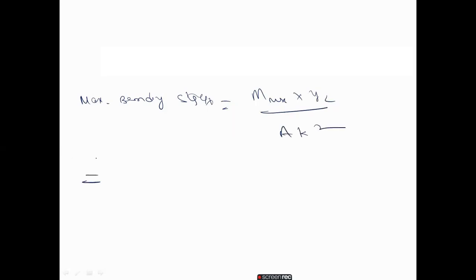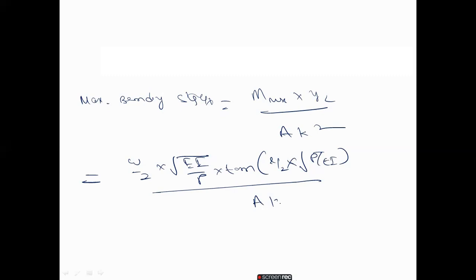M max we calculated just now: W by 2 into square root of EI by P into tan L by 2 into square root of P by EI, divided by A k square, multiplied with yc. So this is the maximum bending stress.